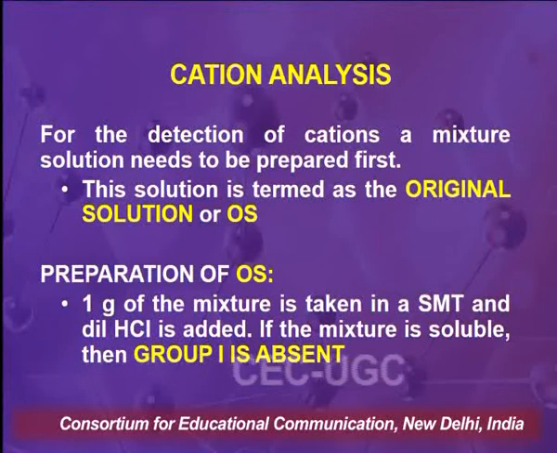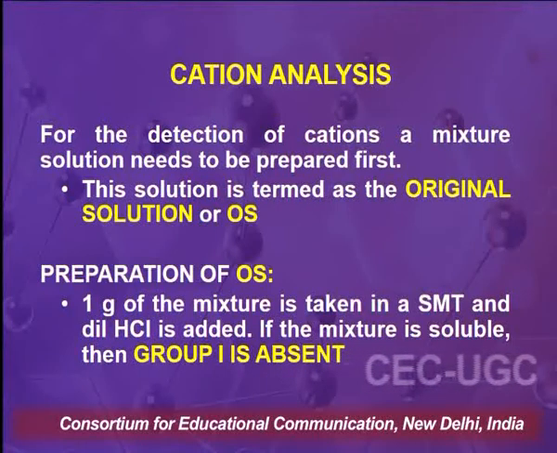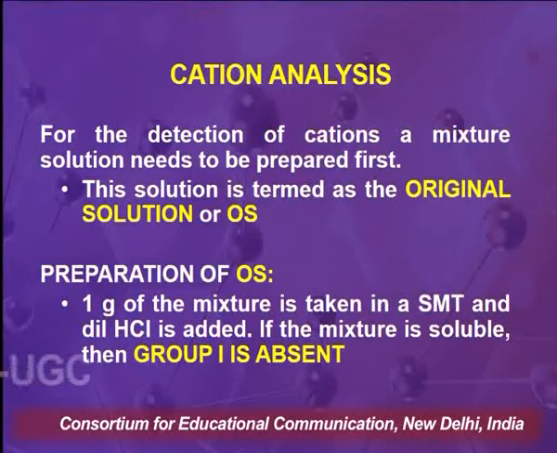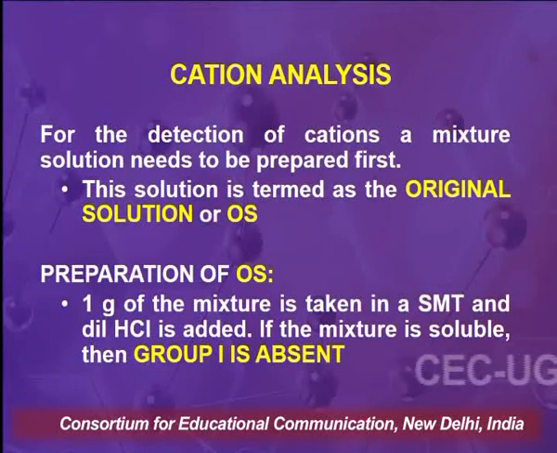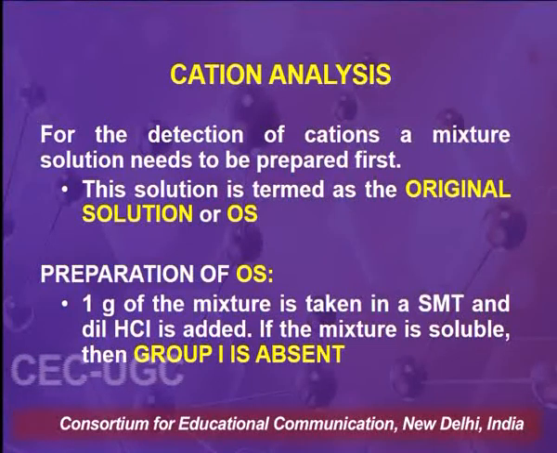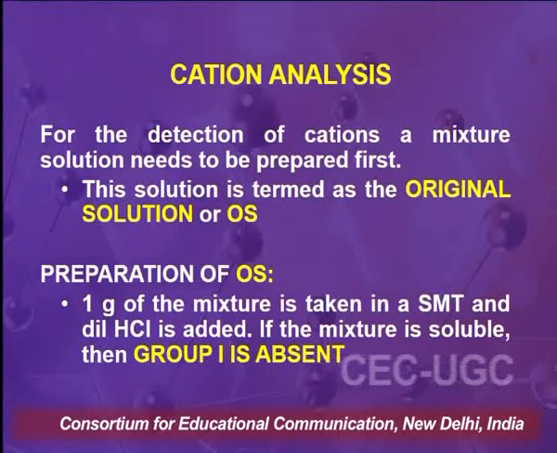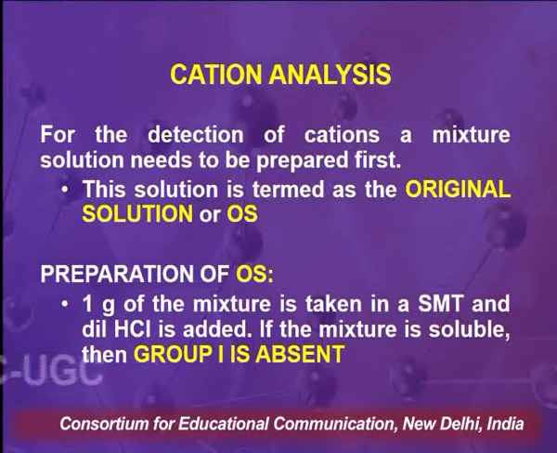So, whenever anions or cations need to be detected within a particular mixture, its solution has to be first made, because anions can be detected only in solutions when the mixture dissociates into its respective ions. This solution of the mixture is termed as the original solution or the OS.